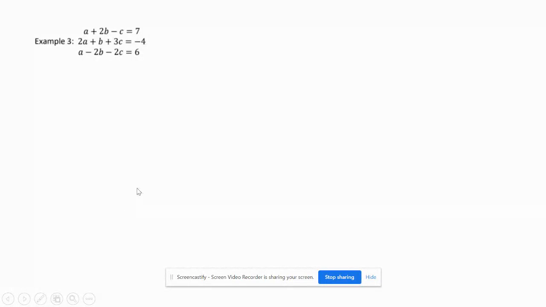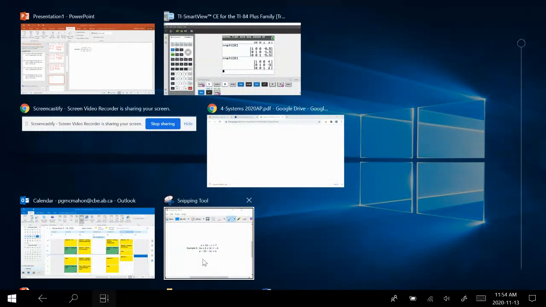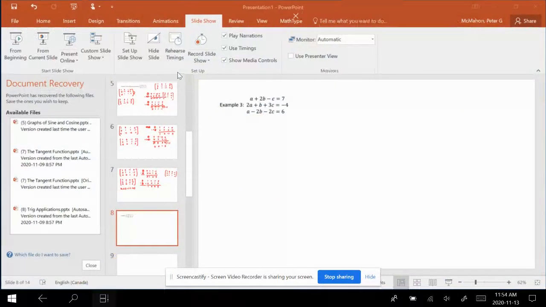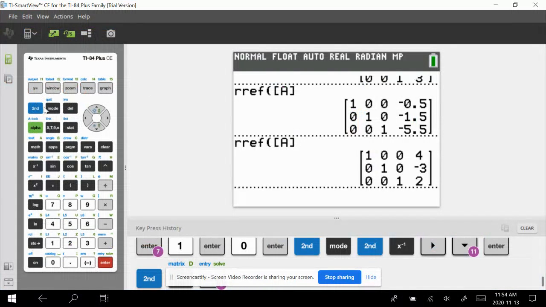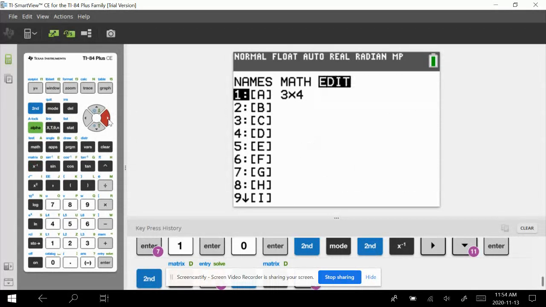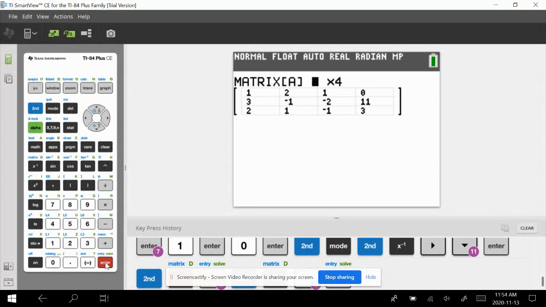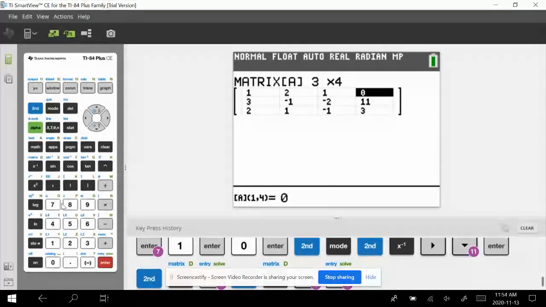On our calculators, we're going to go edit, 3 by 4 matrix. We have 1, 2, 1, 7.